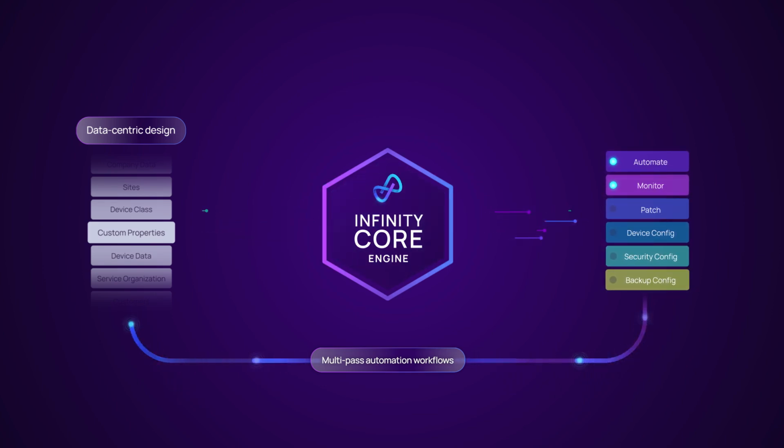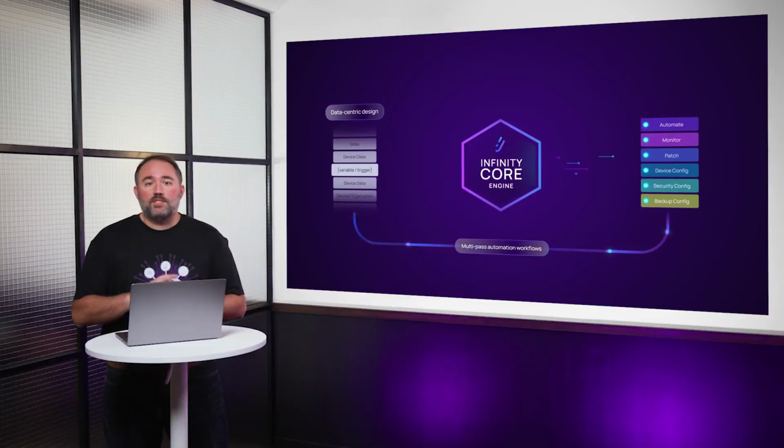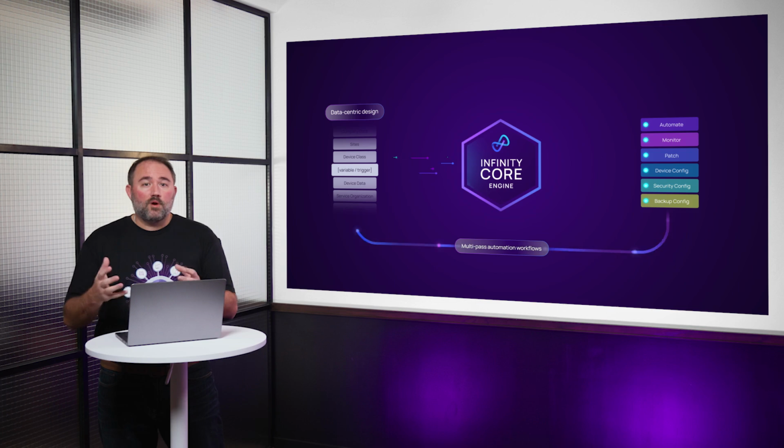Maybe it's a scheduled task, maybe it's the output of a script or an automation, and you want to take that output and place it into a custom property so that you can then monitor and react again on it and do another task or another set of monitoring or another bit of automation. This creates a circular flow. And guess what? You don't need to be an expert to do this. It's point and click right out of the box, but you can also dive in with more automation and scripts that we provide or work with our teams to build what you need.